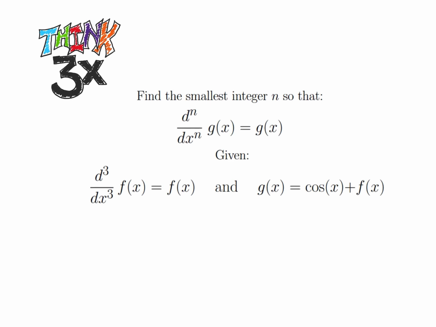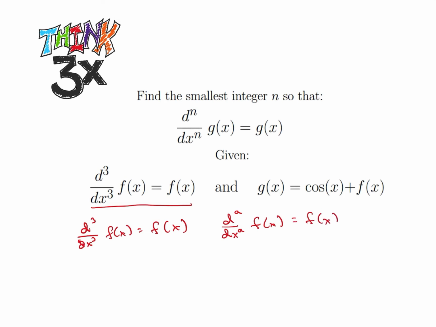So what we're going to do here is note a few things. First, from our first equation, if the third derivative with respect to x of f of x is equal to f of x, then the a-th derivative of f of x will equal f of x if a is equal to 3 times i, for any i in the natural numbers.